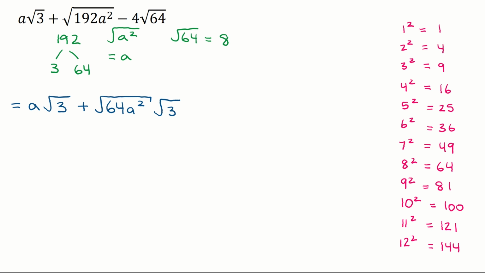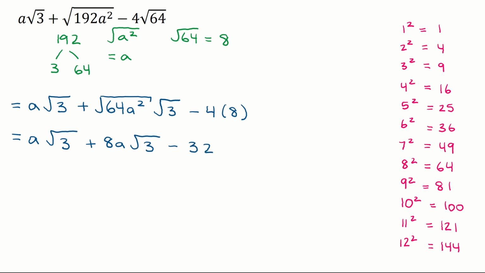And then for our last one, we're writing 4 times 8. Let's simplify this a little bit more. So we have a root 3 plus 64a squared can be simplified to 8a root 3. And then 4 times 8 is just equal to 32.